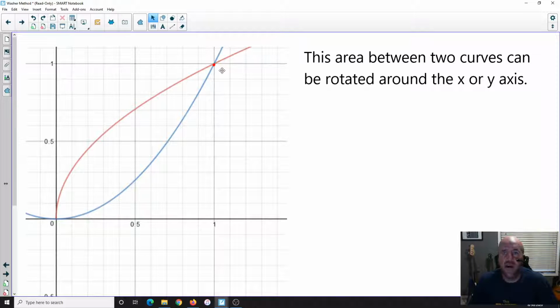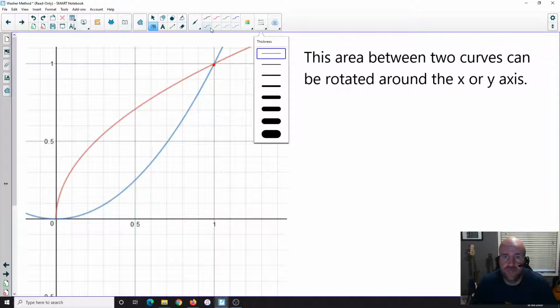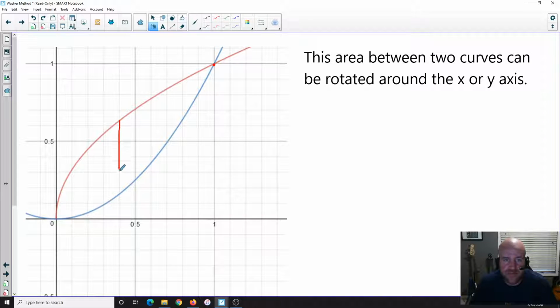So the big radius, or the outside radius, is the thing furthest away from the axis that we're rotating around, which in this case is our x-axis. So that distance is greater than this distance. Okay. So the outside radius is going to be determined by the height of the function, the red function.